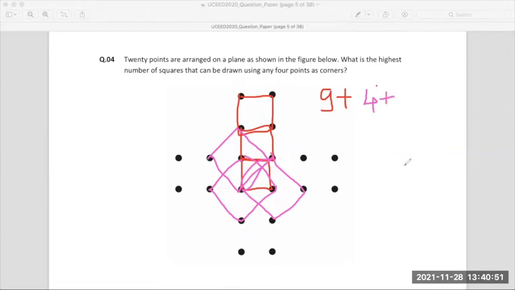Then we again go with an even bigger square. If I want to draw a bigger square than this, it will be like this.